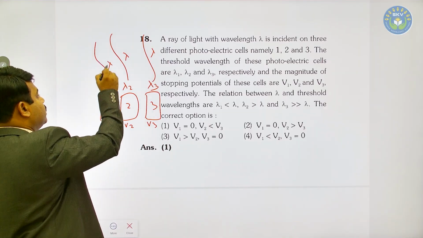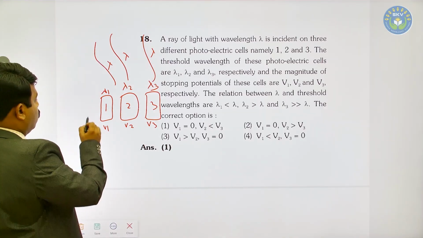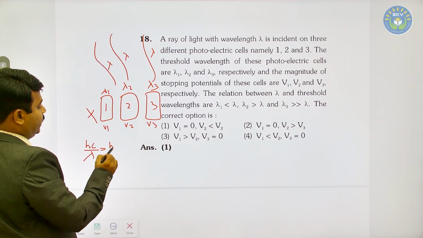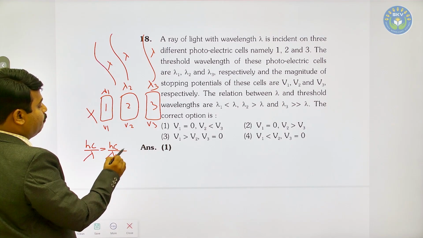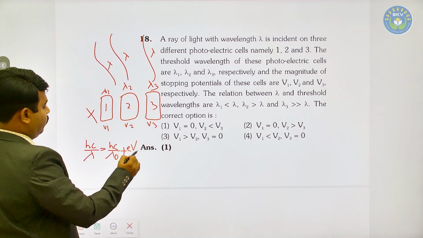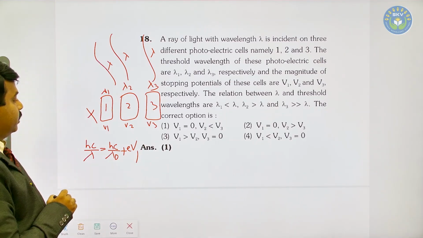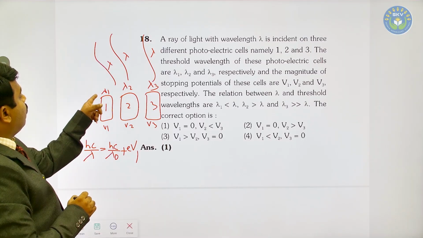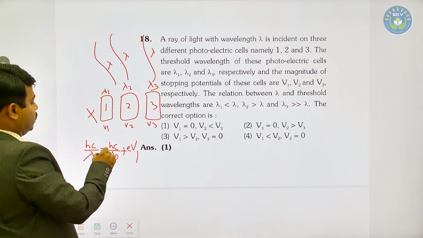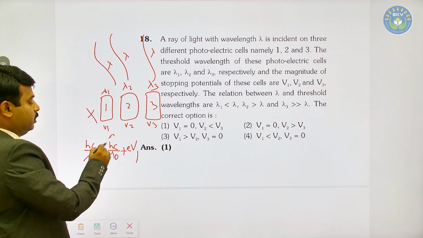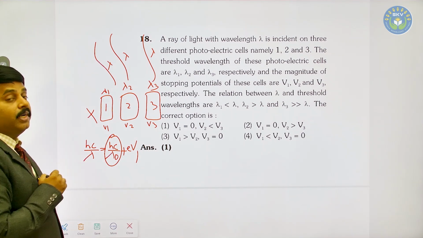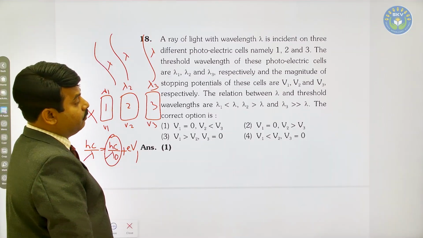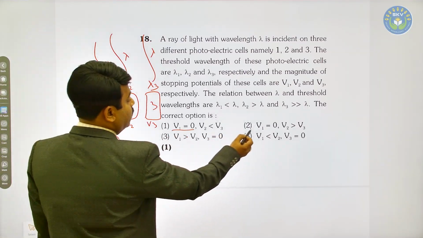Lambda 1 less than lambda means here no photoelectric emission, because hc by lambda is equal to hc by lambda 0 plus eV1 for the first case. The threshold frequency for this is less, meaning this part is more, that means the applied energy is not sufficient to cause photoemission, then V1 is 0.